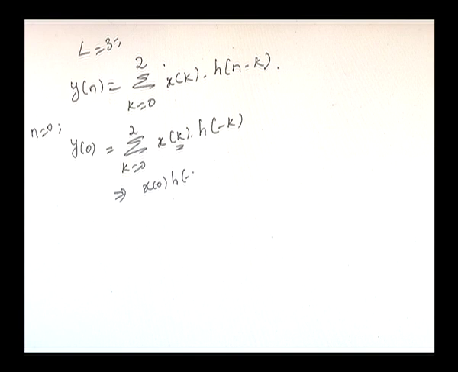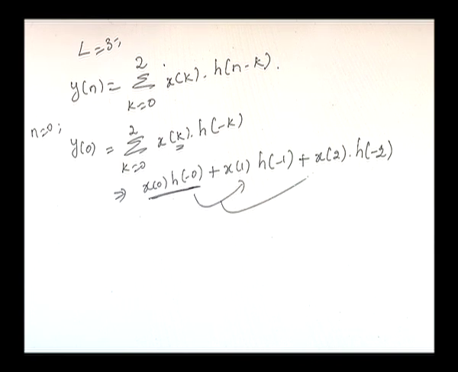Suppose n equal to 0, y of 0 equal to summation of k equal to 0 to 2, x of k into h of minus k. Now expand this: x of 0 h of minus 0 plus x of 1 h of minus 1 plus x of 2 h of minus 2. So, this value is added with the next value, then added with the following value.